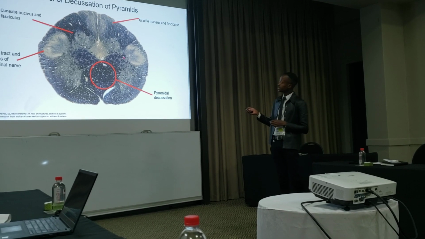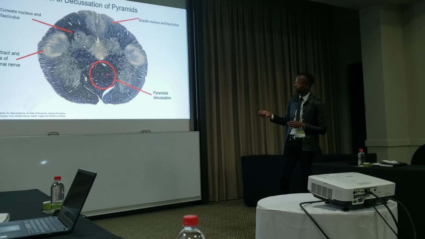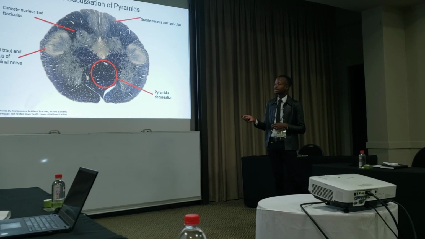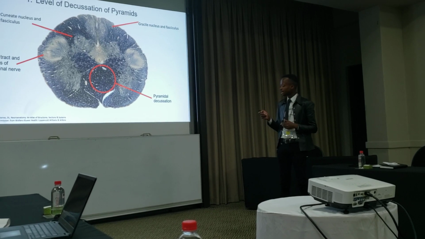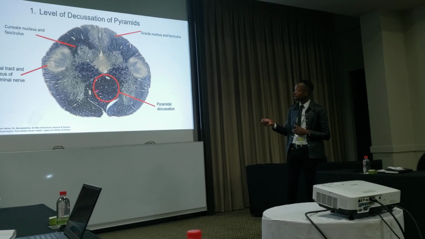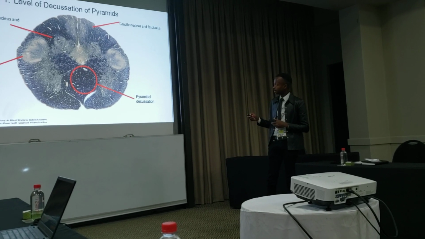Right. So this here is going to be where we're going to have the pyramidal decussation. If you look at a section that is continuing from the spinal cord going into the medulla, this will simply represent the continuation of your ventral horns.